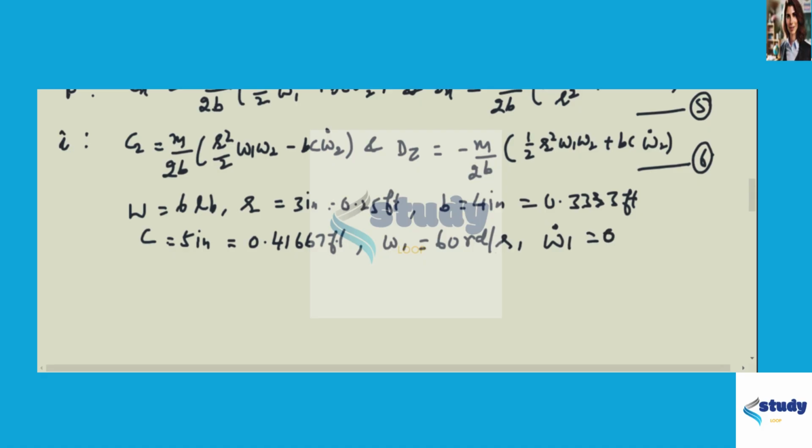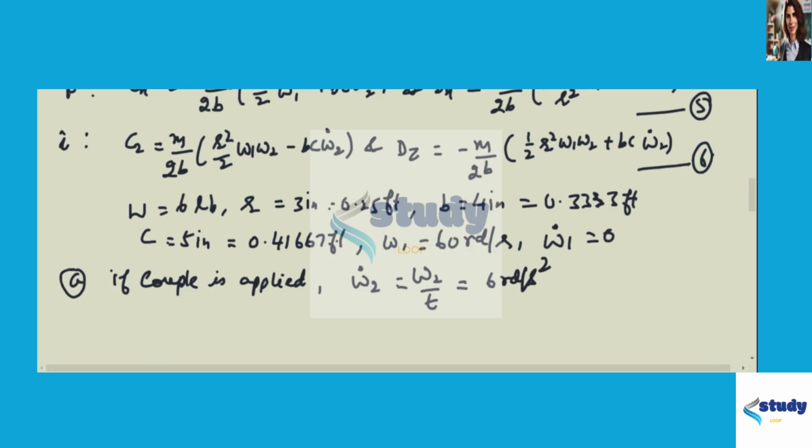While the couple is applied, the rate of change of omega 2 is six radian per second square.